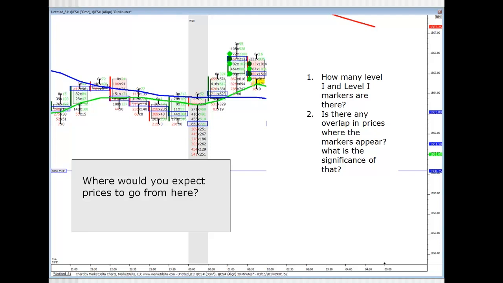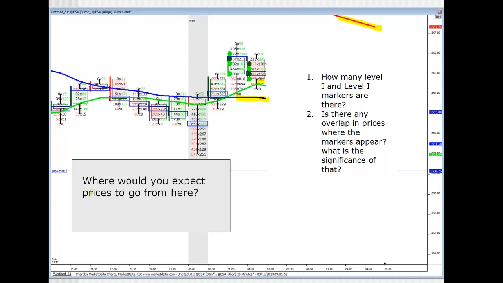Now let's add a few more observations to help us determine price direction. Take a look at where the 50 simple moving average is up here and where the 20 is. The 20 is below the 50. So that already tells me that there is a dynamic in the market of negative pressure.